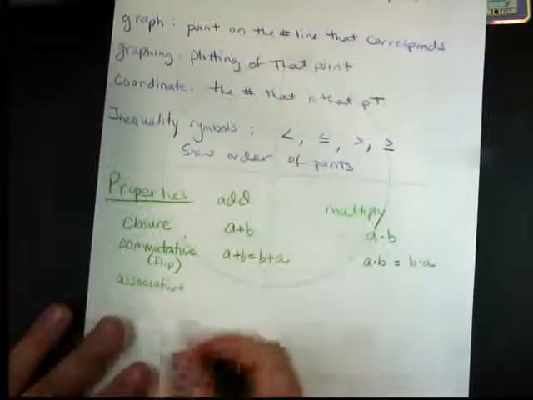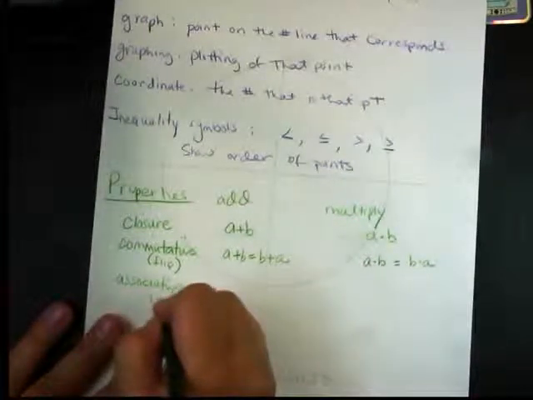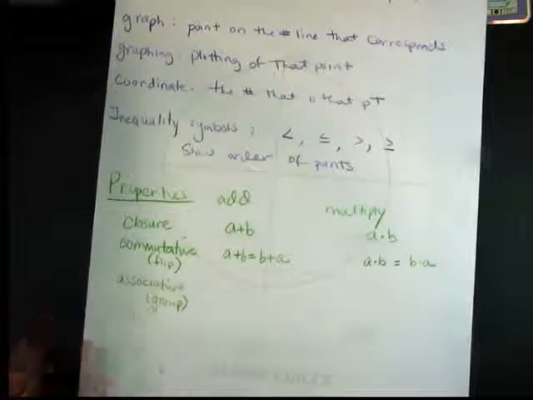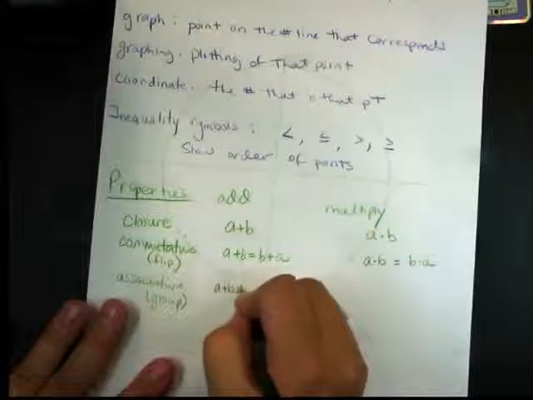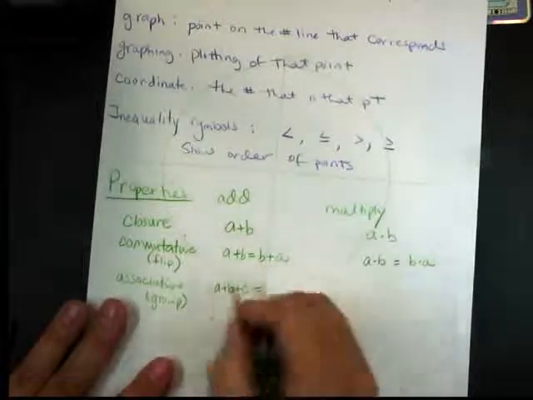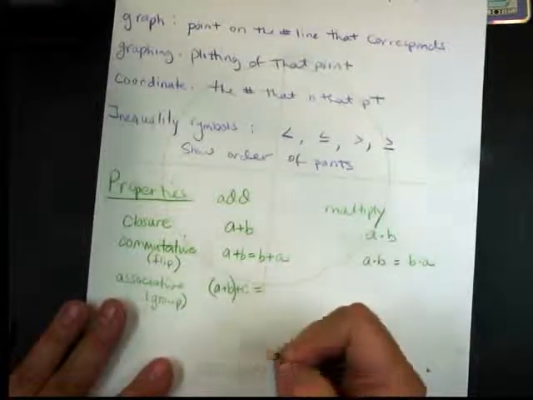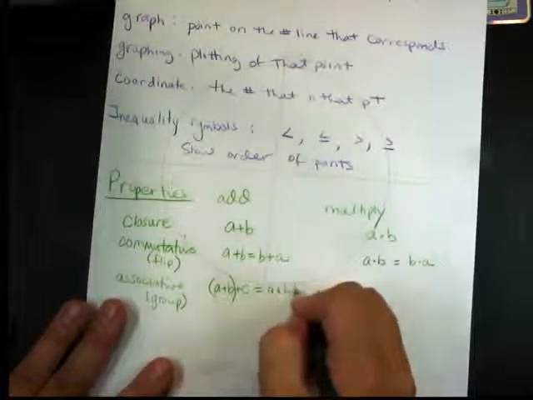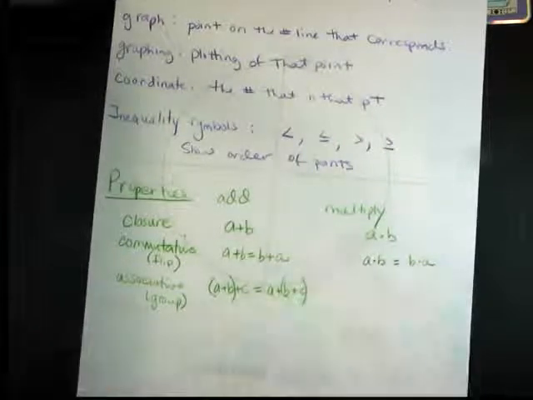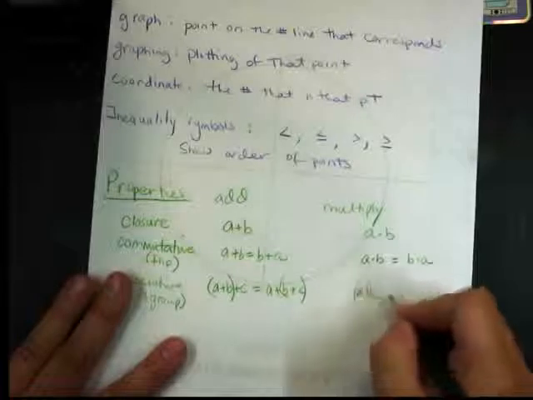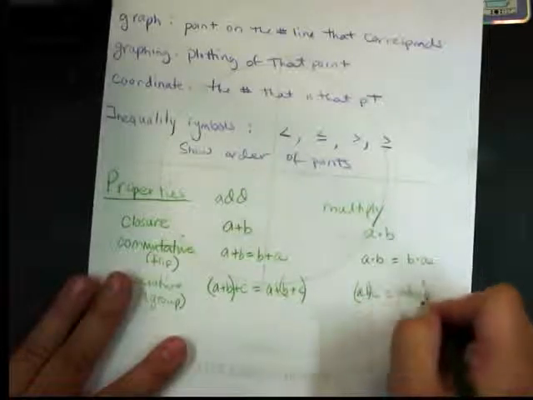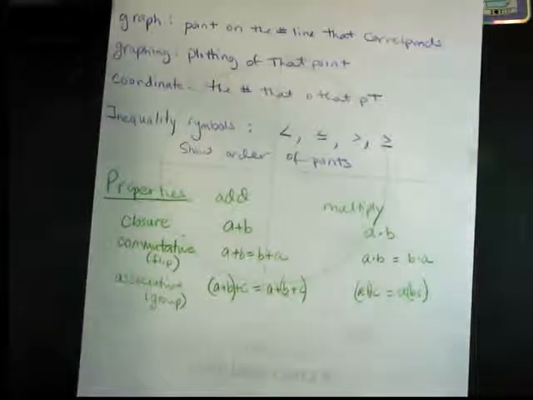The associative property allows you to group numbers together in any order. So if I have 3 of them, A plus B plus C, well, let's say if I do A and B together, that's the same as if I wanted to do B and C together first. It doesn't matter the order, I can group them in any way. And the same holds true for multiplication. I can group them any way that I want as long as I am adding and multiplying.